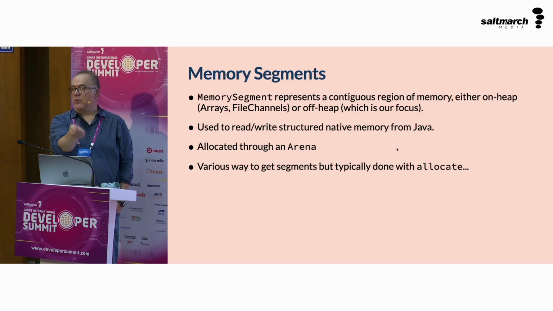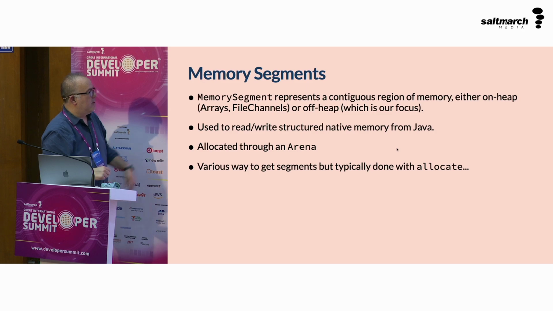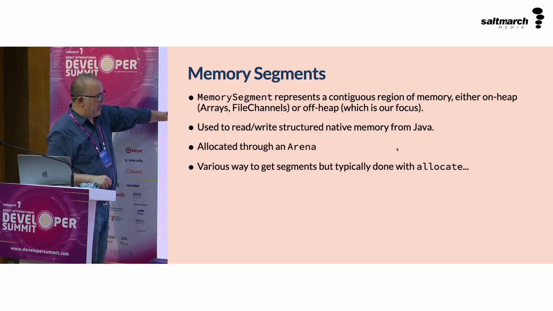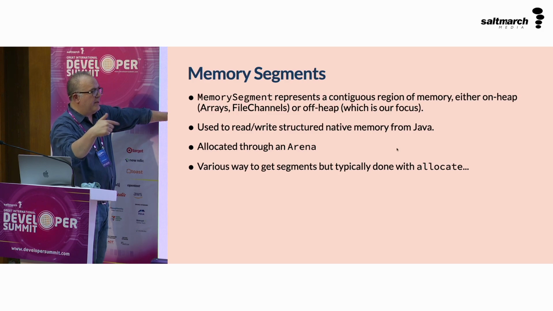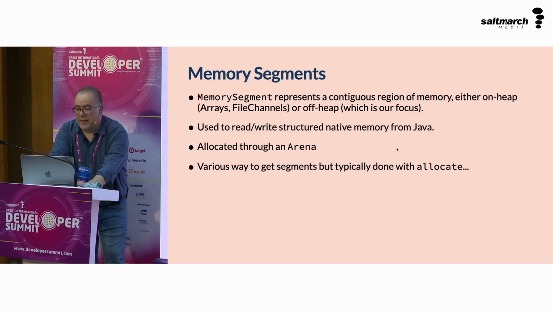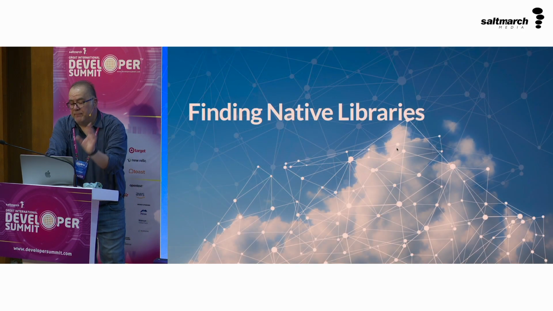I'm pointing to it. You call it from there. Okay. So native memory is how we're going to be using that. Allocated through an arena, so you'll do arena dot something and allocate it this way. And various ways to get segments, again, you'll be using the term allocate for that one.